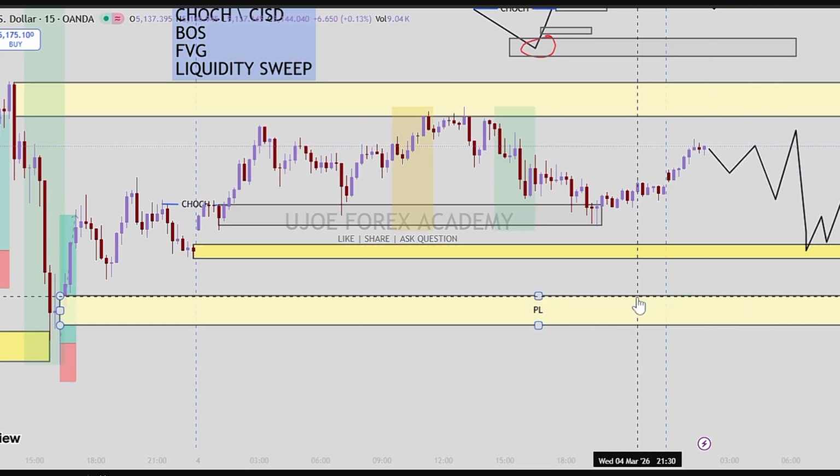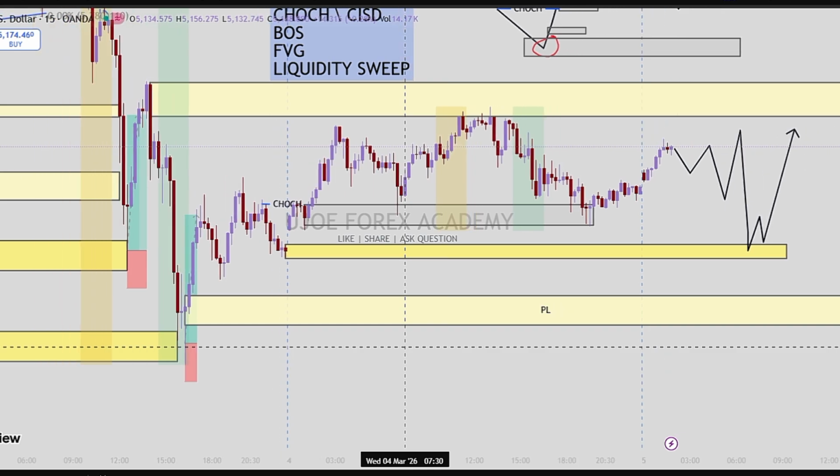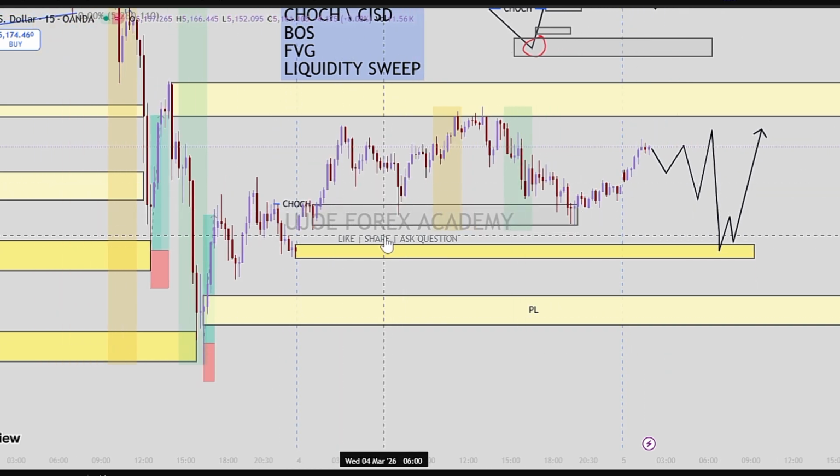Now, another thing I also want to say is that this whole mapping out of regions, zones, order blocks, you could see these are not order blocks that are done within one day. Why I need to say this is because you might think this would be your trade for the day.